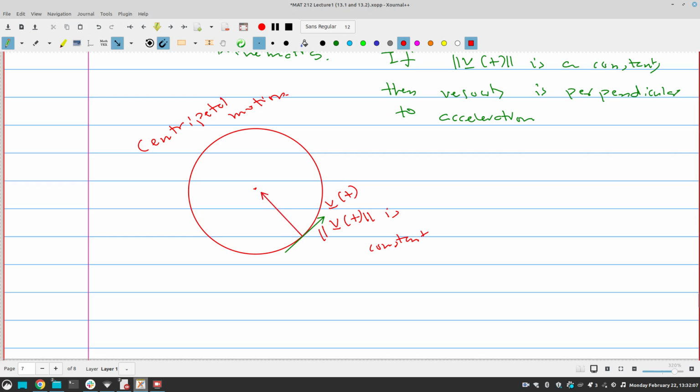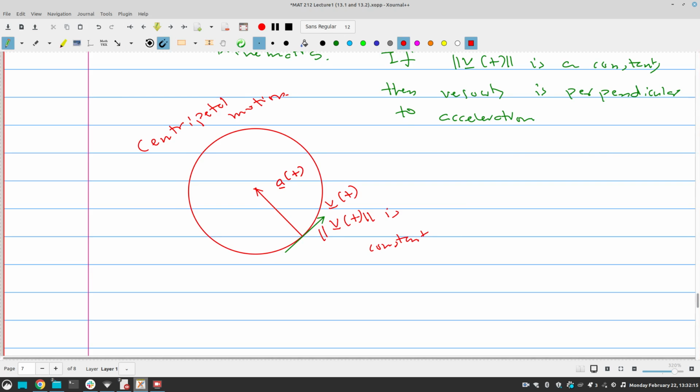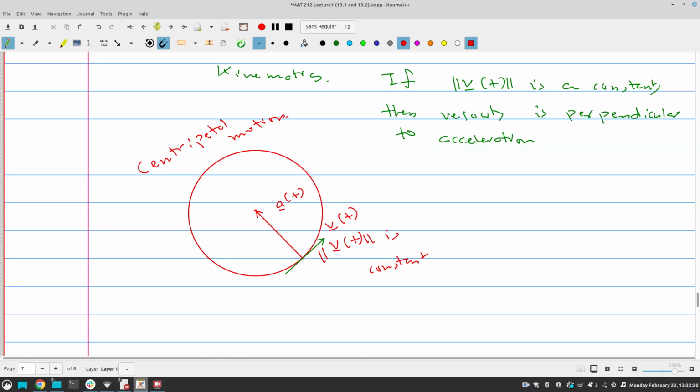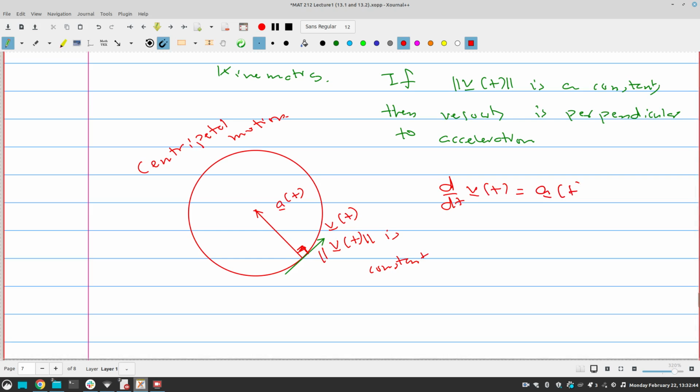The velocity is tangent and the radius is normal, so velocity and acceleration are going to be orthogonal to each other. Remember, d over dt of v t equals a t.